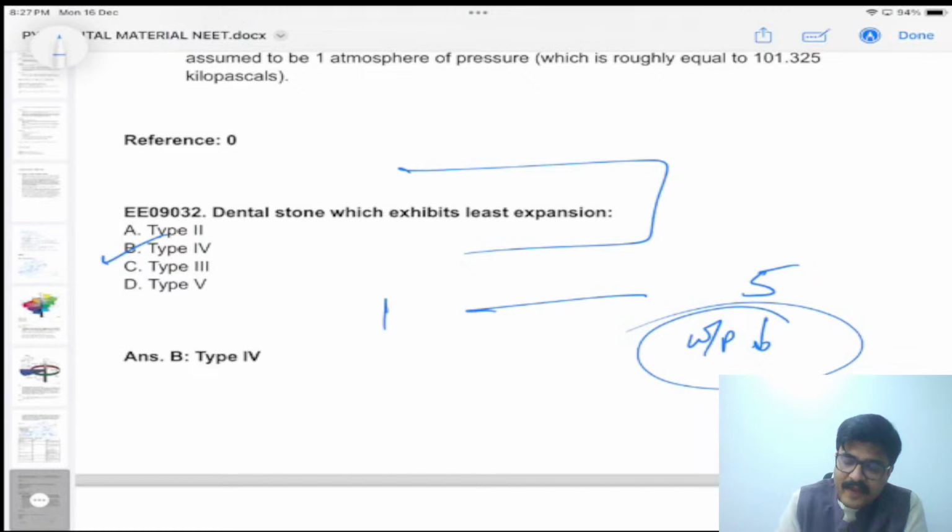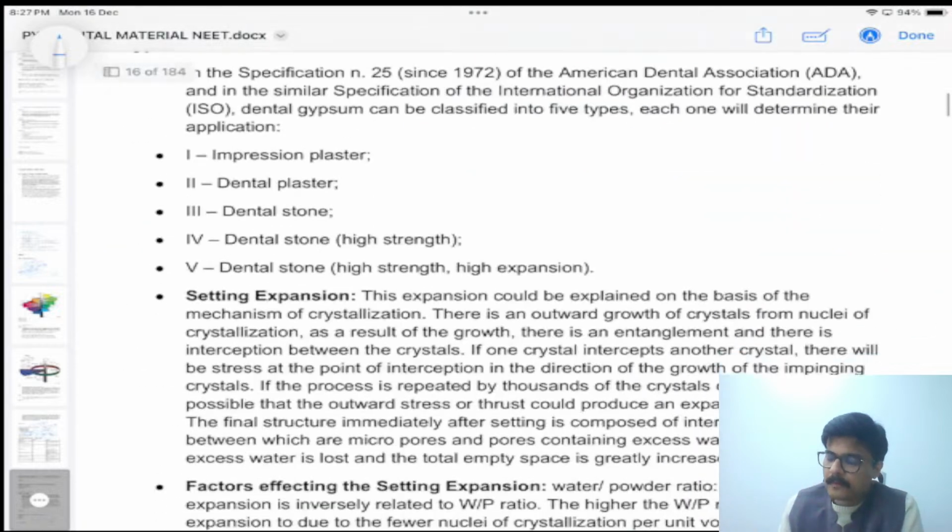So the manufacturer deliberately, apart from water powder ratio, which definitely contributes to greater setting expansion in a type 4 as compared to type 1, 2, or 3 because its water powder ratio is less, keeps the role of chemical modifiers in such a manner that he reaches the lowest range of setting expansion for type 4. So the answer is type 4, guys, and this value is taken straight from Phillips, right?